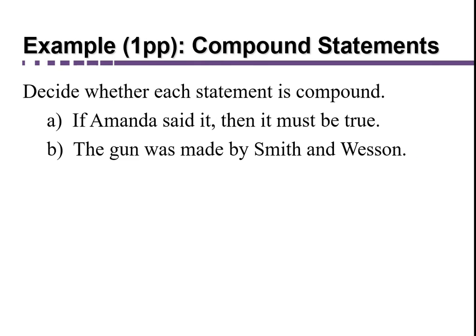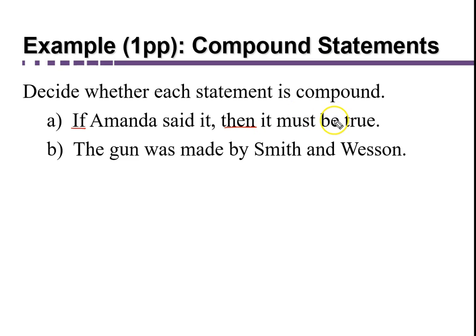Now for our first example, decide whether each statement is compound. A: If Amanda said it, then it must be true. Well, there is a first statement, and it's showing the connective if-then.